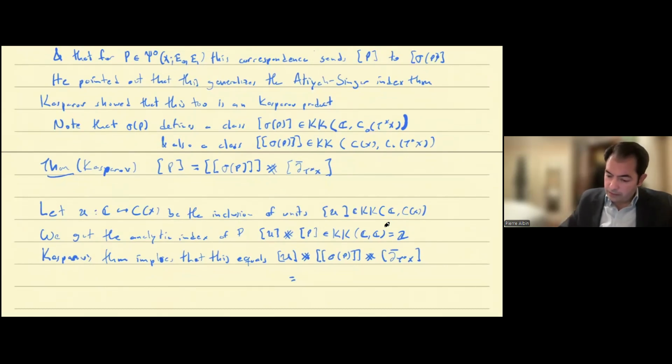But again, Kasparov product with this units just forgets the multiplication from the continuous functions, replaces it with just the complex numbers. So when you do this product, you're just replacing the double bracket symbol class with the single bracket symbol class. So we end up with this expression for the analytic index.